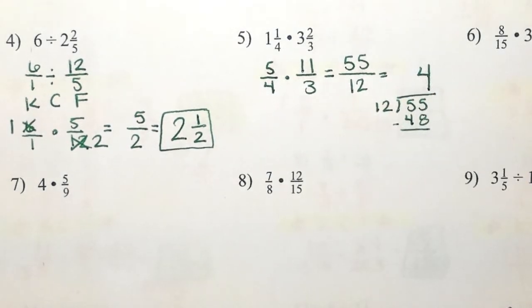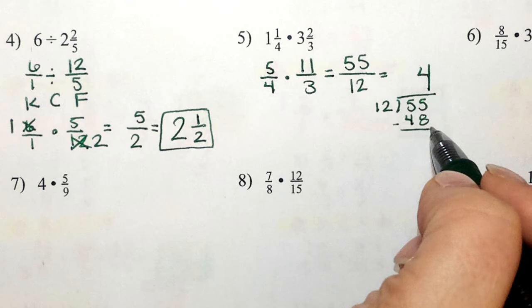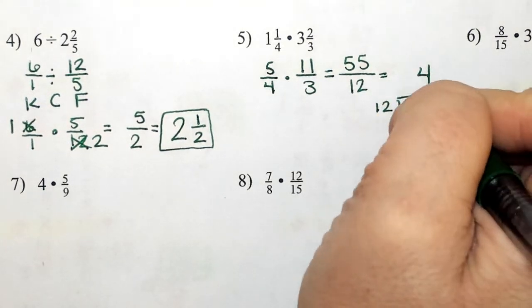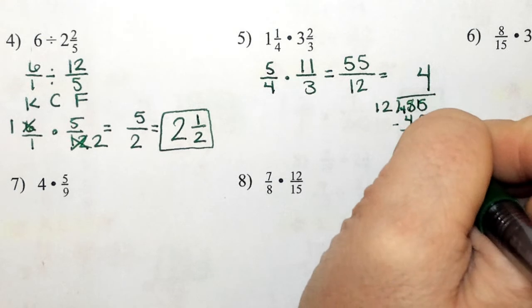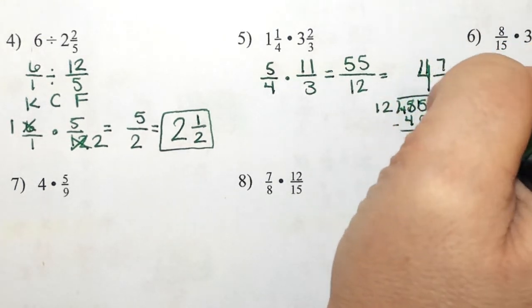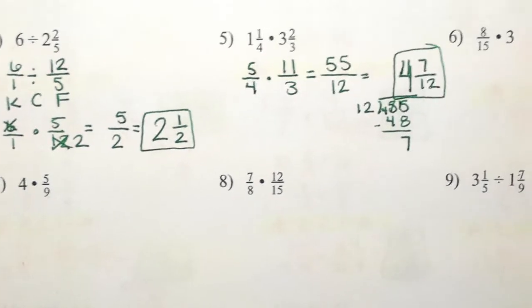I prefer to write it out just to make sure I don't make any silly mistakes. So, 55 minus 48, you can probably subtract that in your head, or we can borrow and make it a 4, and 15 minus 8? 7. So I end up with 7 left over. What does it go on top of? 12. So I get 4 and 7 twelfths.